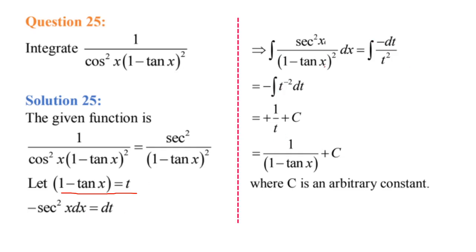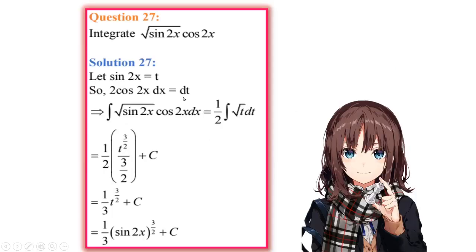So we will write minus dt, and this thing we assumed as t, so t square. And now after that everybody knows how to take the integral: minus, and we can write 1 upon t square as t raised to the power minus 2, and then it will be 1 by t plus c, and put the value of t back, and this is the answer.